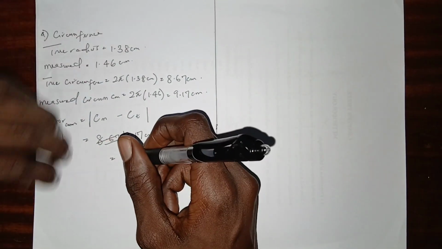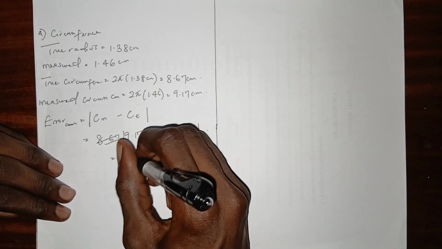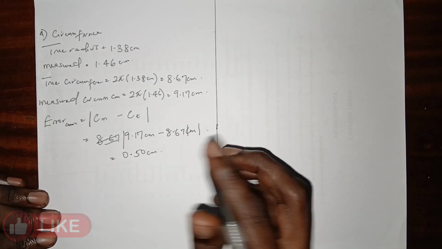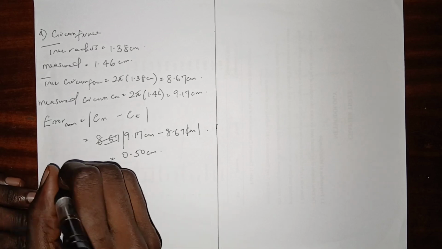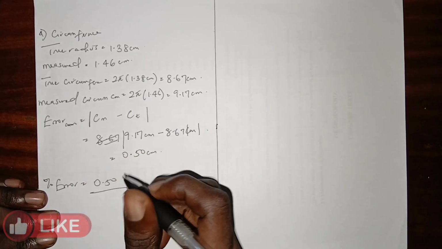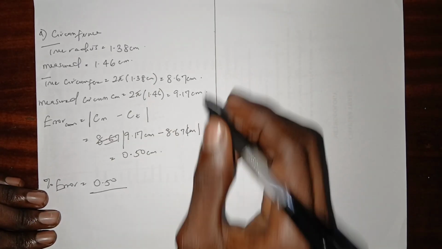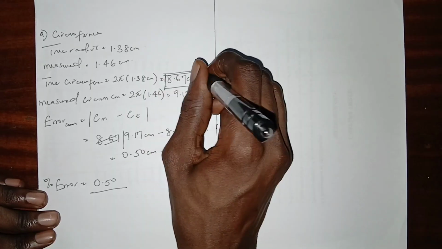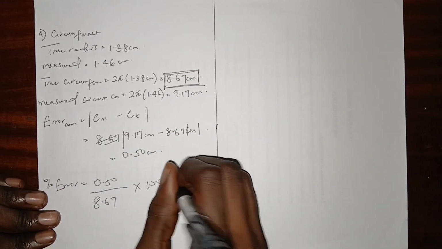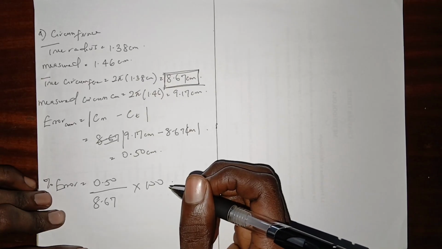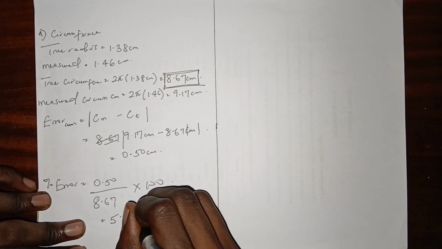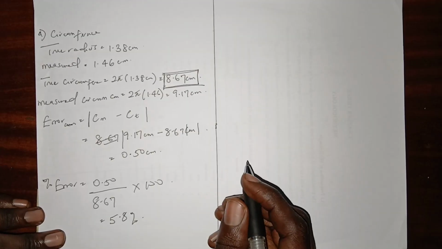That gives us the final answer of 0.5 centimeter. Then our percentage error will be the error, 0.5, over the true value. Our true circumference is 8.67. So we take the true value times 100, which gives us 5.8 percent to one decimal place.